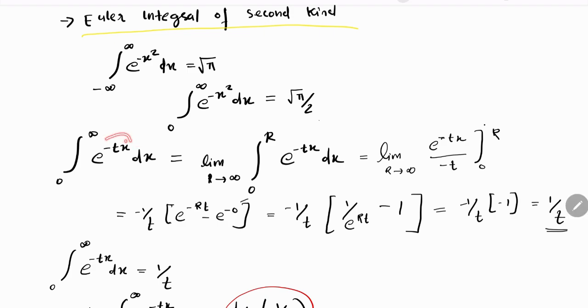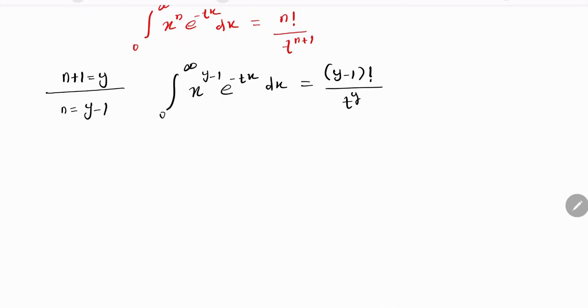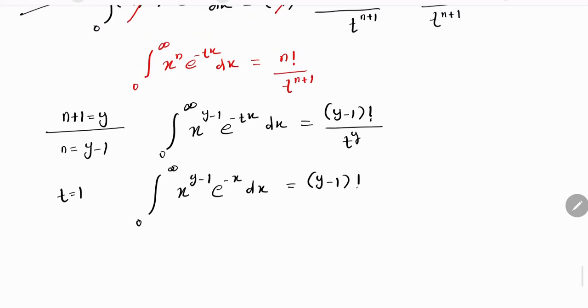Here we just choose t equal to 1. If t equal to 1, then this integral becomes the integral from 0 to infinity of x to the power y minus 1 e^(-x) dx equal to y minus 1 factorial, where t is equal to 1, that is 1 to the power y is equal to 1.